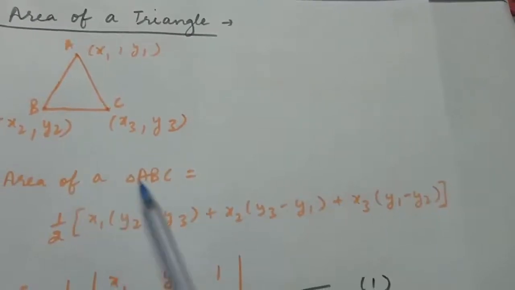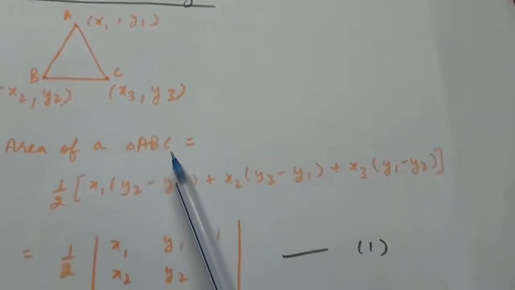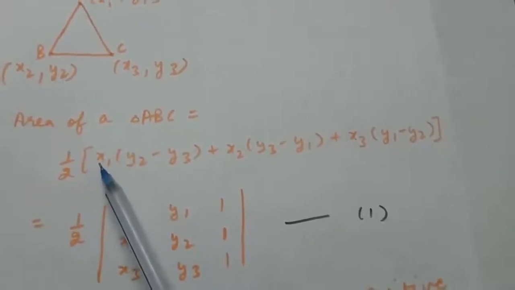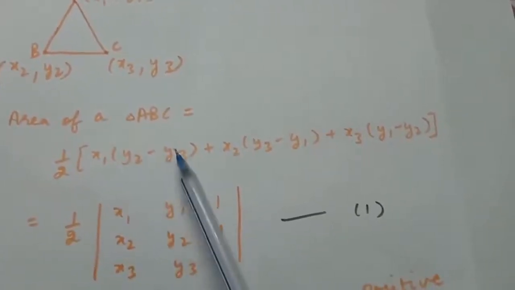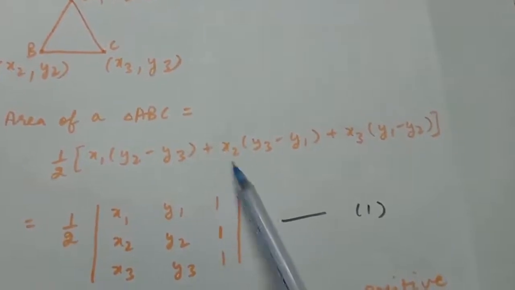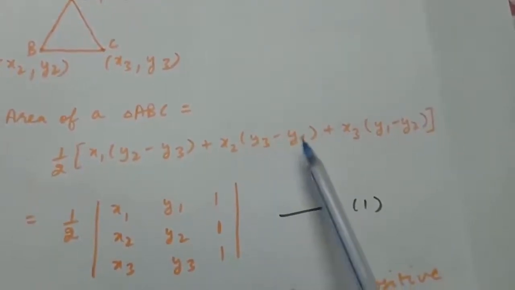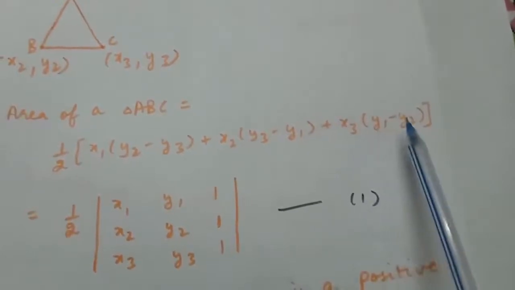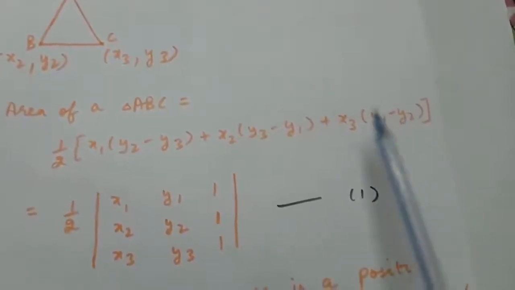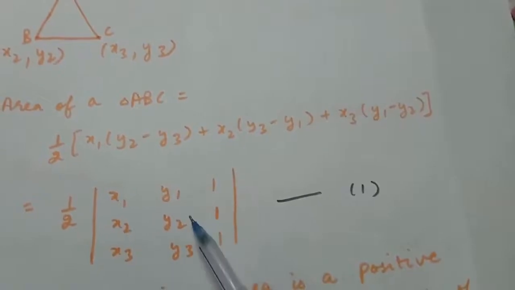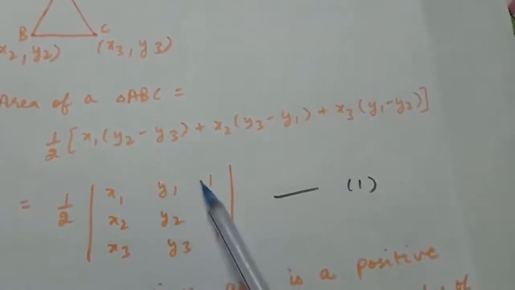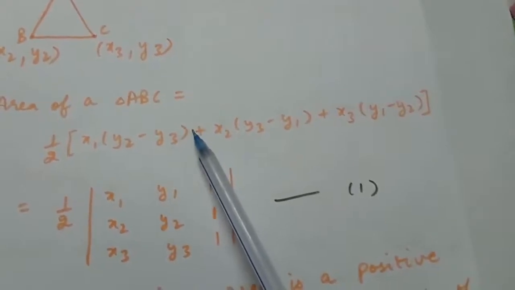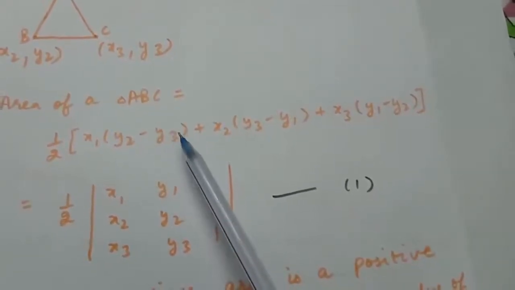You have studied in your previous classes that the area of triangle ABC is half into x1 into y2 minus y3, plus x2 into y3 minus y1, plus x3 into y1 minus y2, right, which is equal to this determinant.